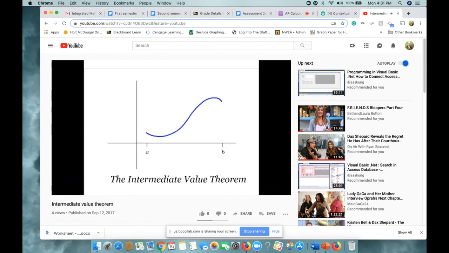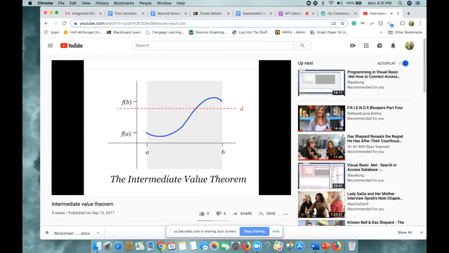Whew, that's a little complicated, but it's not so difficult if you take a look at what it means visually. We'll begin with the function f, which is continuous on the interval ab. In other words, the left endpoint is a and the right endpoint is b. Therefore, this height must be f of a, and this height must be f of b. Now let's pick some height in between those two, any one at all. I'll pick this one, and we'll call this height d. Now the only thing the intermediate value theorem is saying is that this value, or height, d, is going to cross our function at least once.